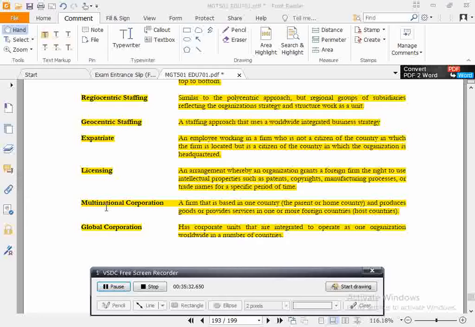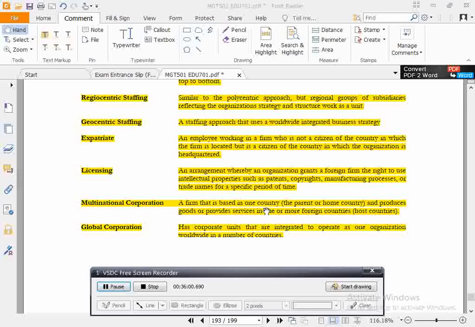Multinational corporation: a firm that is based in one country, the parent or home country, and produces goods or provides services in one or more foreign countries, host countries.